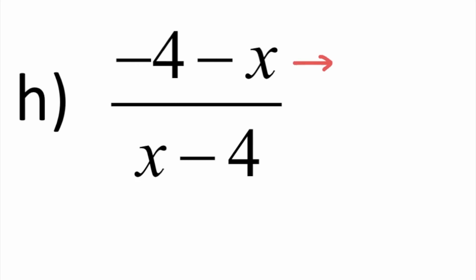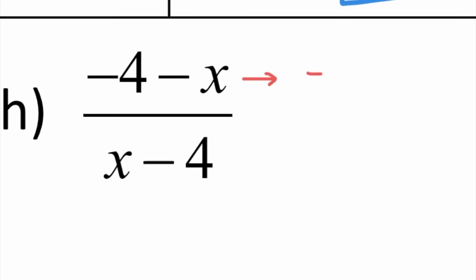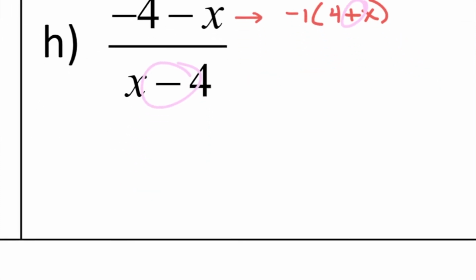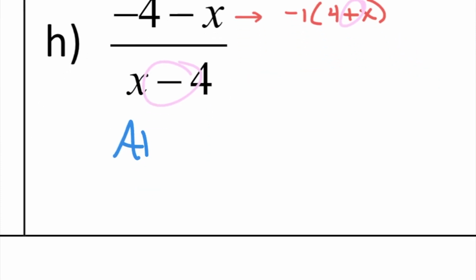If you tried to do the factoring out a -1 thing, -1 times that would be +4 and positive x, which is different than the denominator, which is minus. And so this is already completely simplified. That can't be simplified any farther.